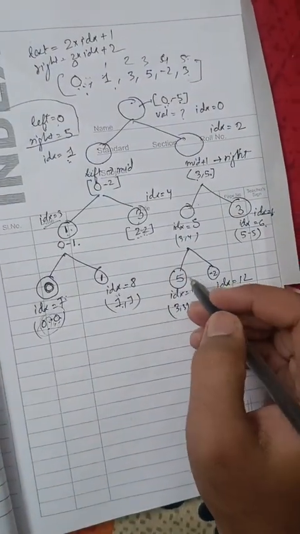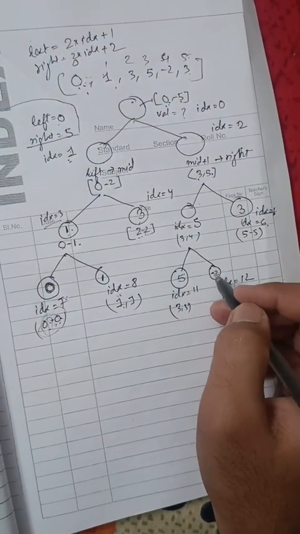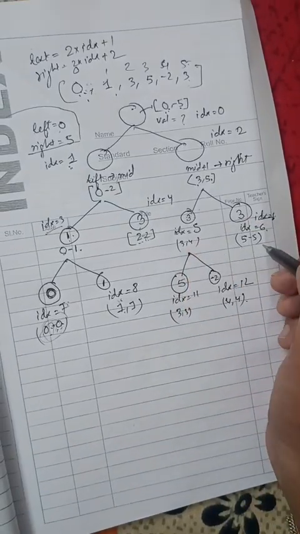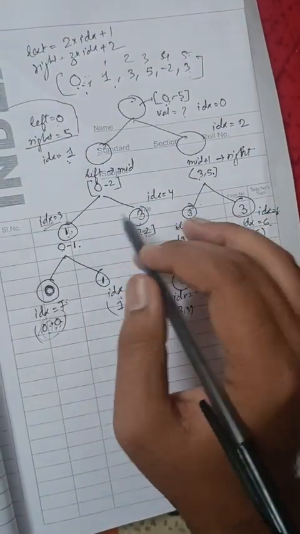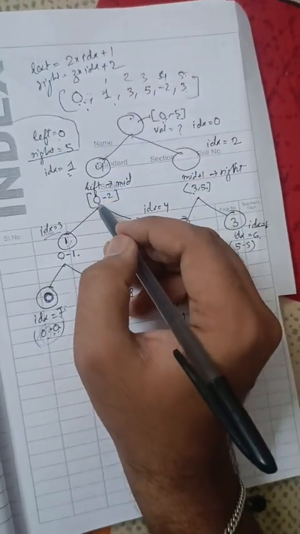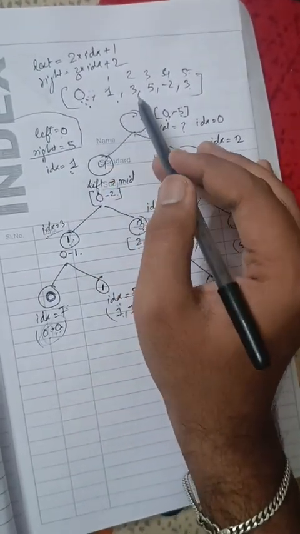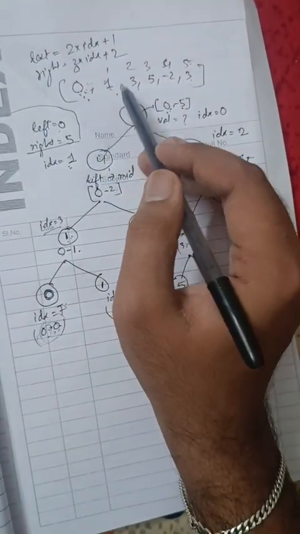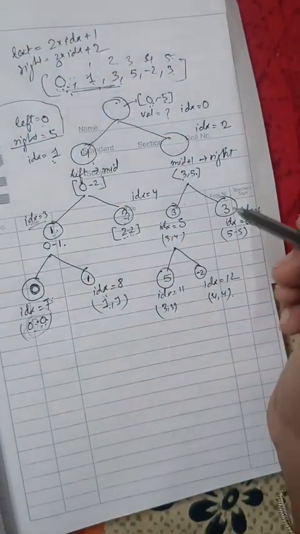Now same here, 5 plus -2, that means 3, so it will be 3 here. Now I will again sum it up, 3 plus 1 is 4, that means from range 0 to 2 the summation will be 4. See, 3 plus 1 is 4, okay.